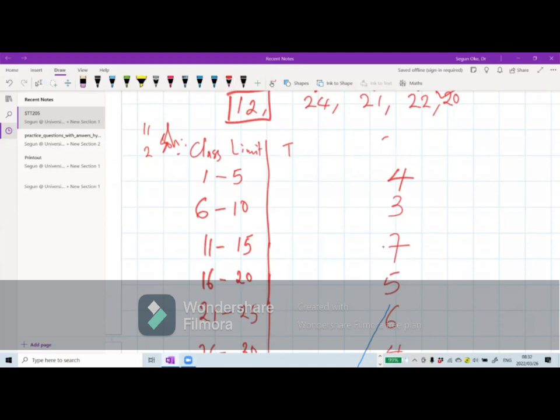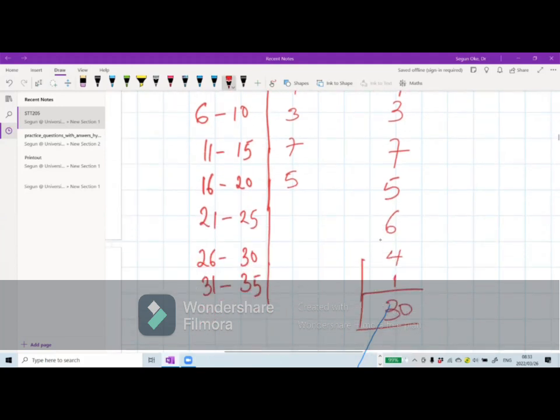Under the class limit, we then have frequency. Our frequency starts from 4, 3, 7, 5, 6, 4, and 1.